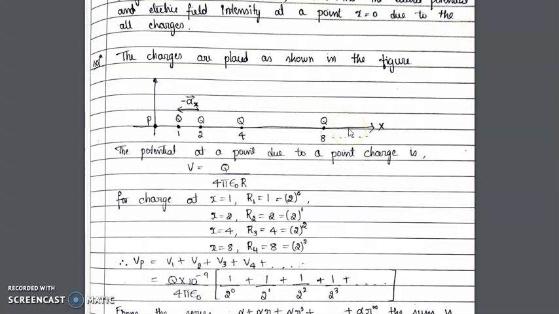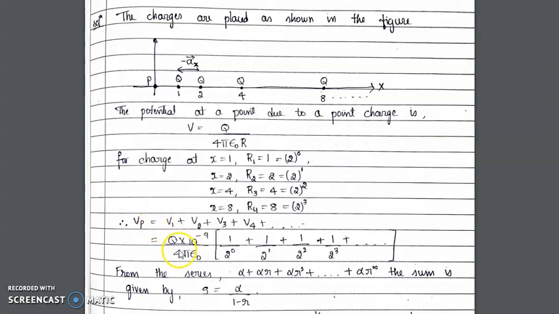So the summation is Q by 4 pi epsilon naught into 1 by 2 to the power 0, because the distance between the first charge and point P is 2 to the power 0, plus 1 by 2 to the power 1, plus 1 by 2 to the power 2, plus 1 by 2 to the power 3, up to infinity.